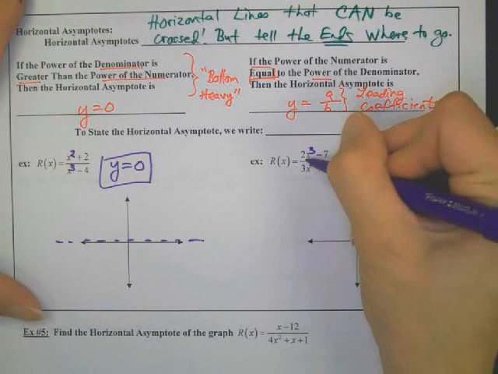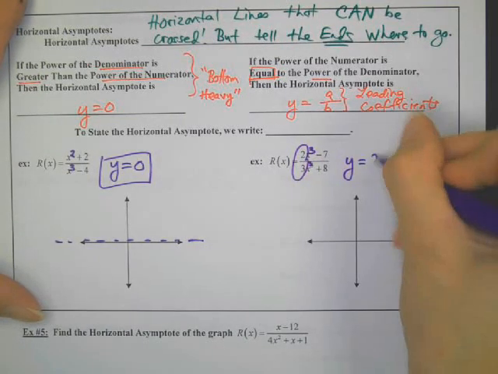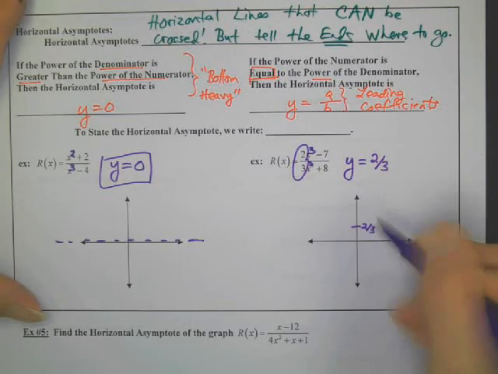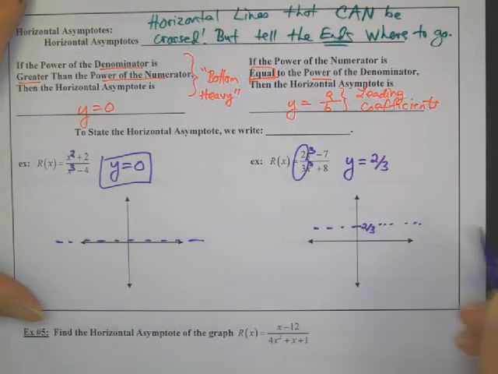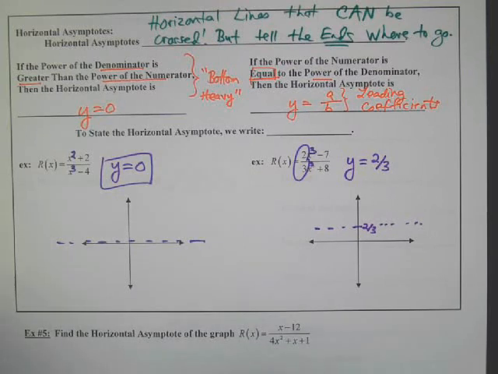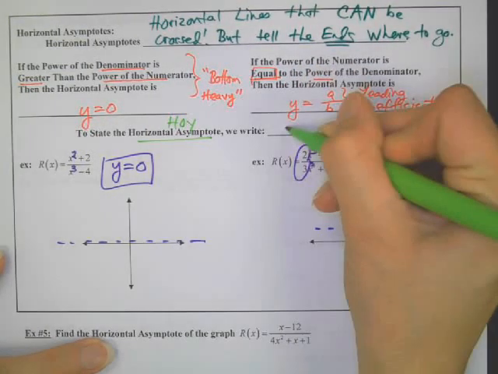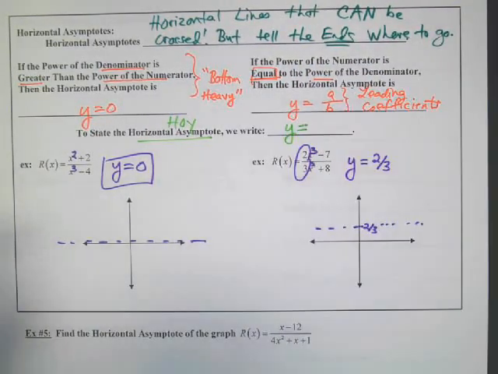So the horizontal asymptote is, you take these leading coefficients, 2/3. So right here at the value of 2/3, there's going to be a horizontal asymptote. That helps the ends know where to go. To state the horizontal asymptote, since a horizontal asymptote is a horizontal line, you always write y equals number.